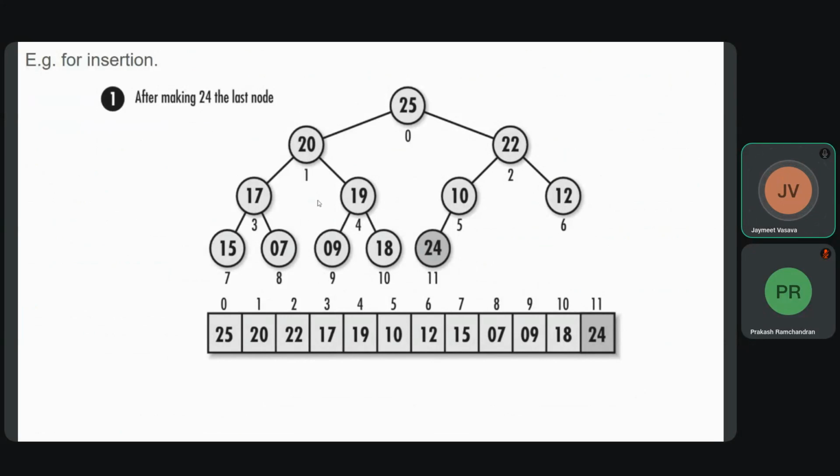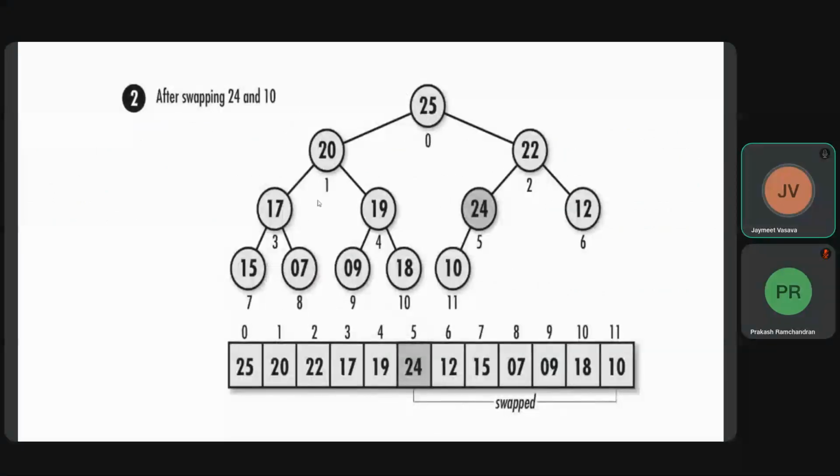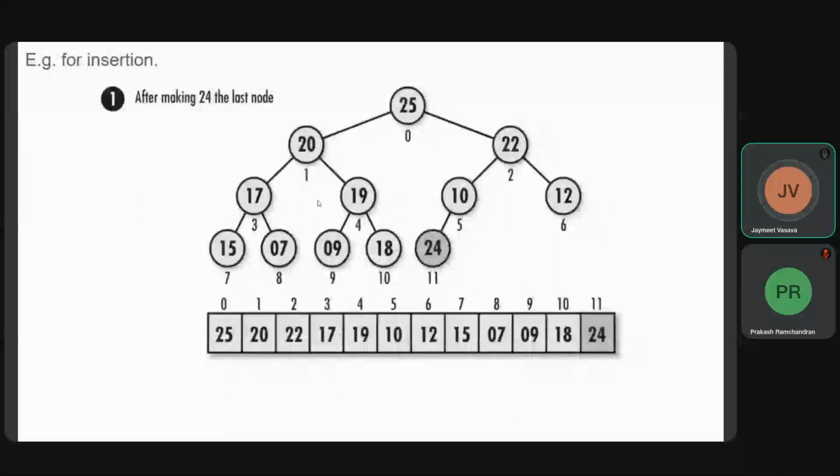Whenever we do an insertion, a new node will be introduced into the array at the very last position. After the 10th element, which is 18, we have added 24, so it comes into the 11th position in the array.